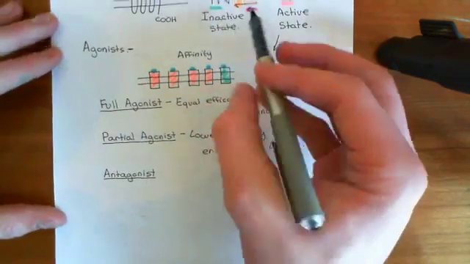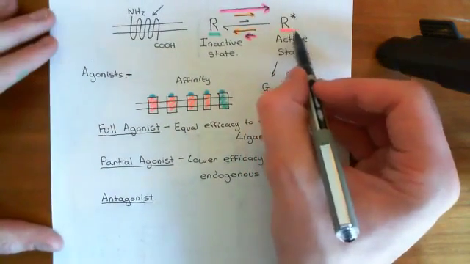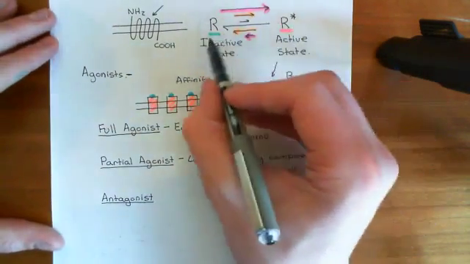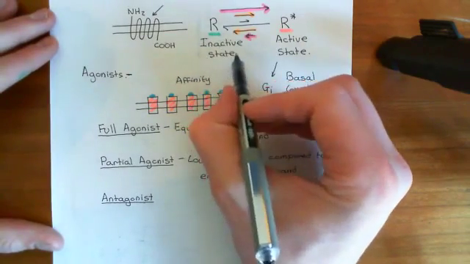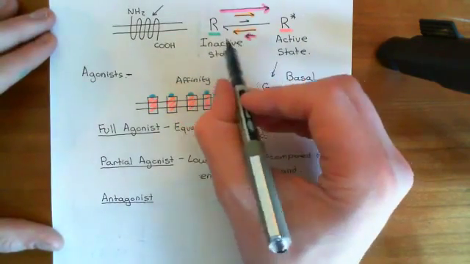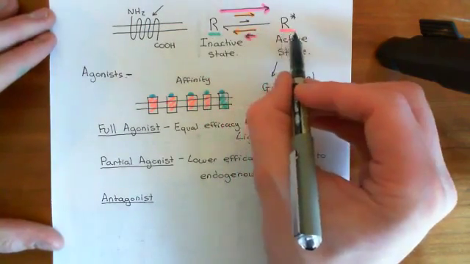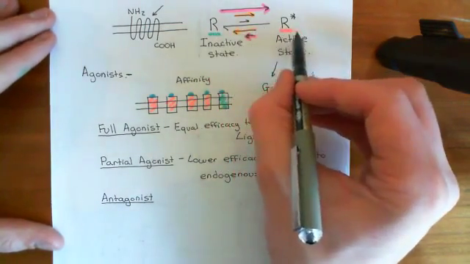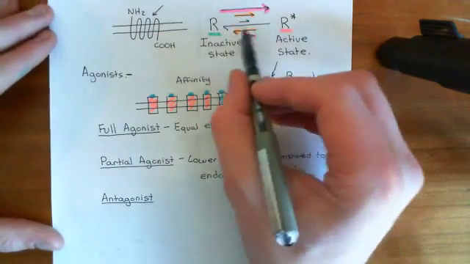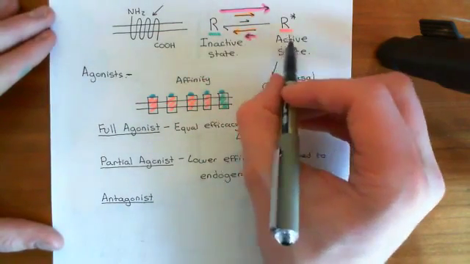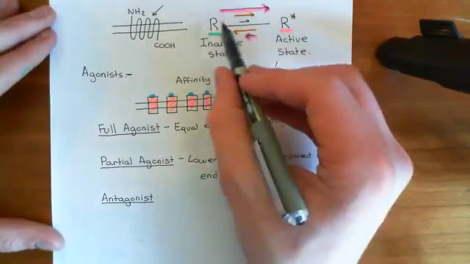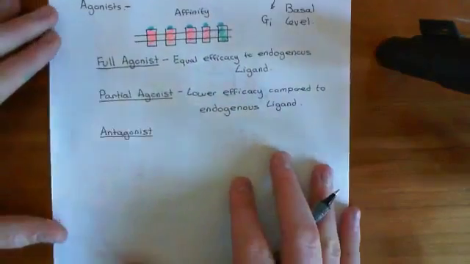So let's say originally maybe 5% of the receptors were in the active state and 95% of them were in the inactive state. That was the equilibrium when there was no ligand bound. When you bind the antagonist, even if you bind an antagonist molecule to every single receptor, there is basically no change in the percentages of the receptors which are in the active state compared to the inactive state.